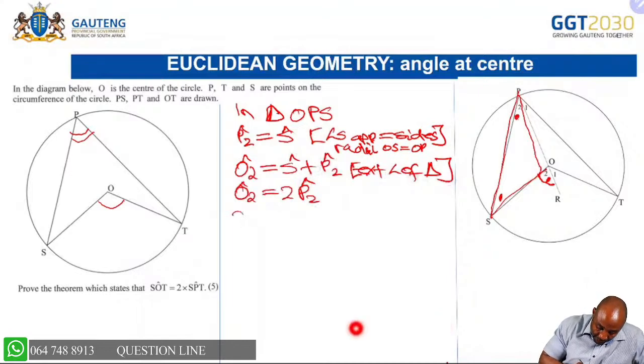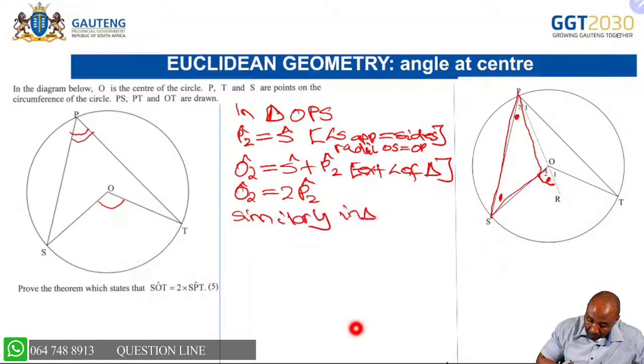I can now say similarly, in triangle OPT, I am able now to say this angle T is equal to angle P1, and I know that O1 here becomes the exterior angle there.